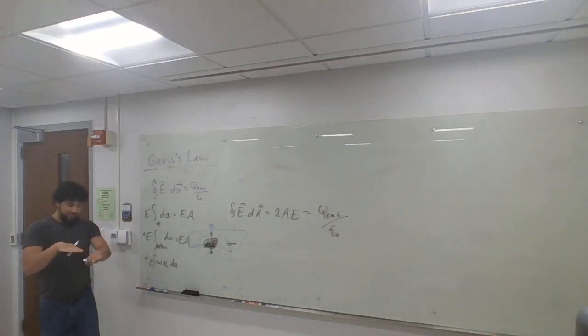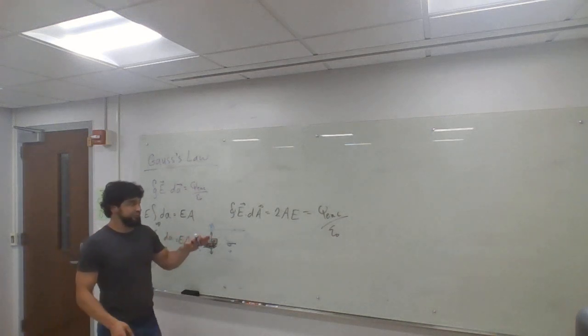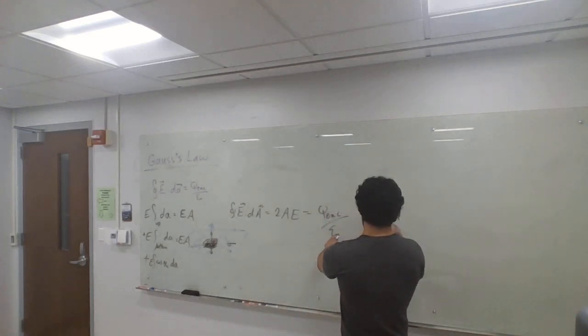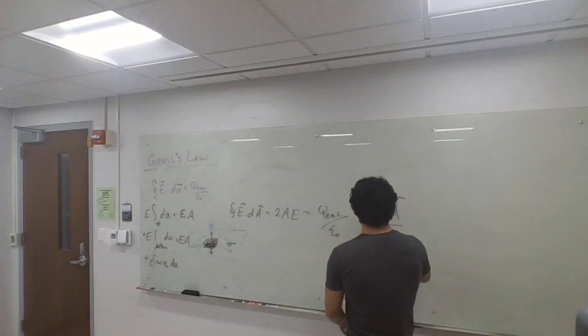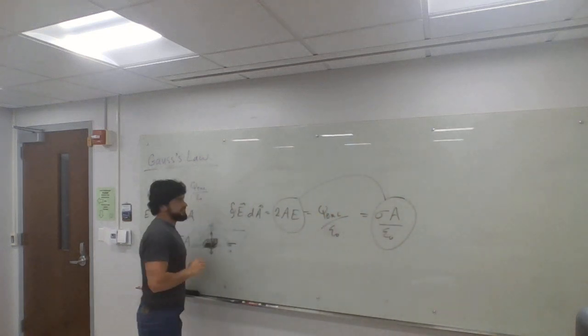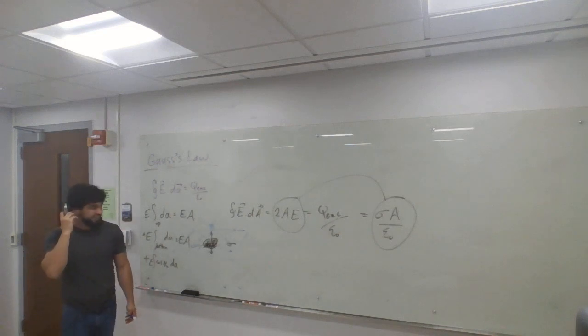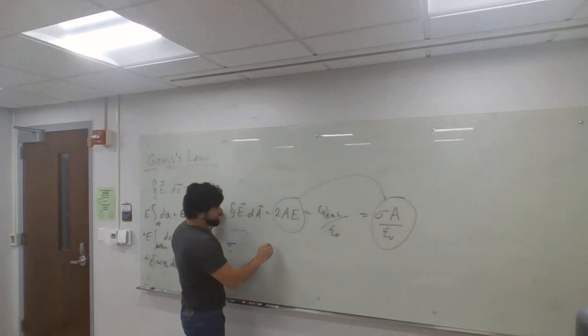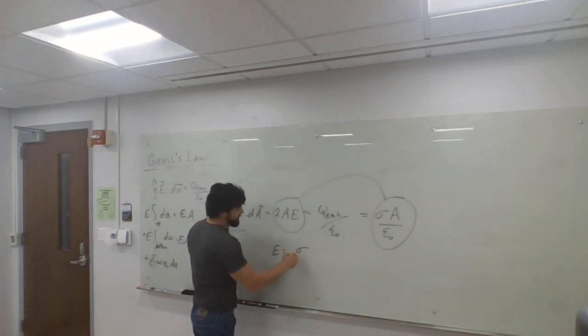So there is A passing through your closed area, which has an area up and area down. So this area multiplied by sigma is equal to Q enclosed. Sigma A over epsilon naught, so this is equal to that. You cancel the A's and divide by 2 to have that E equals sigma over 2 epsilon naught.